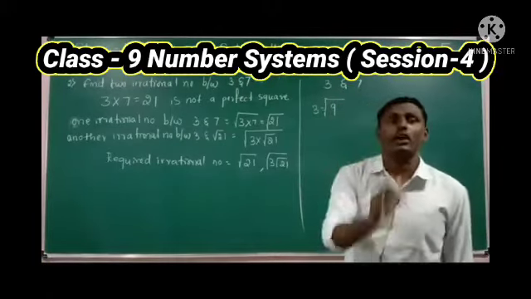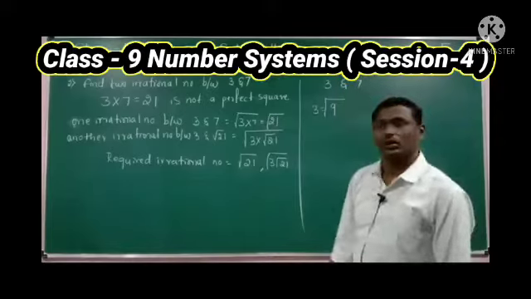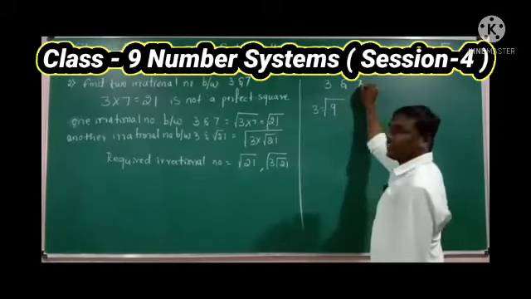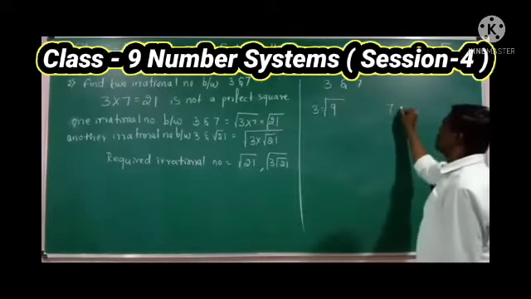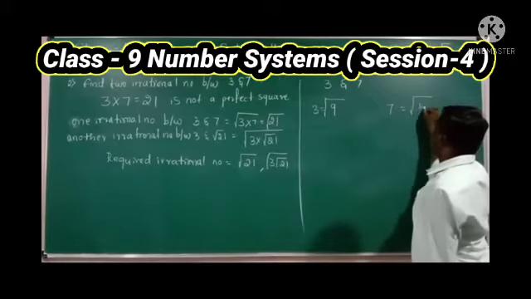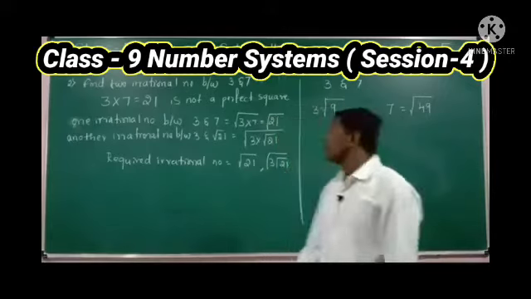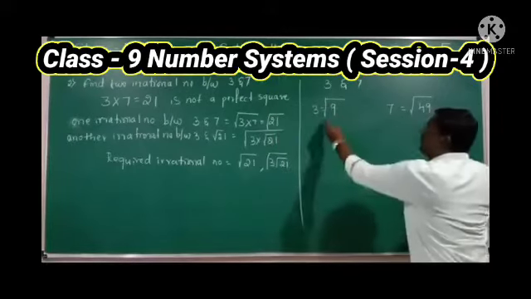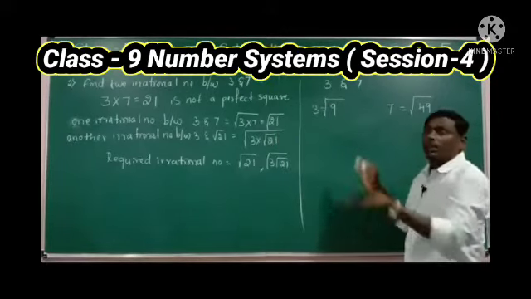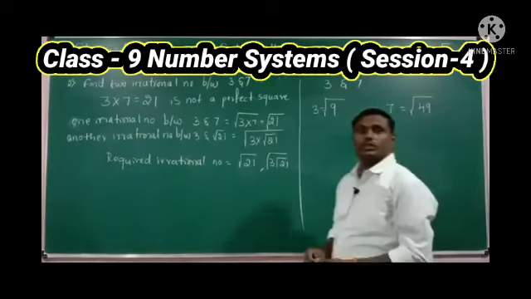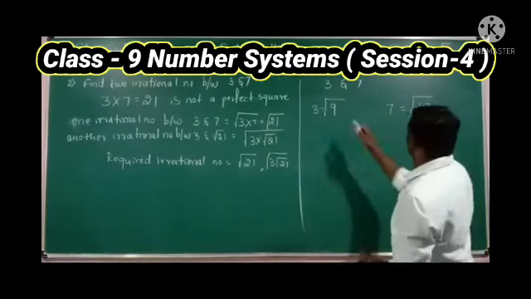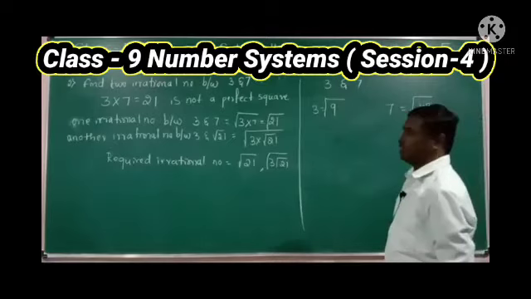Similarly, the square of 7 is 49, which means square root of 49 is nothing but 7. Now you can write the irrational numbers between these two numbers.